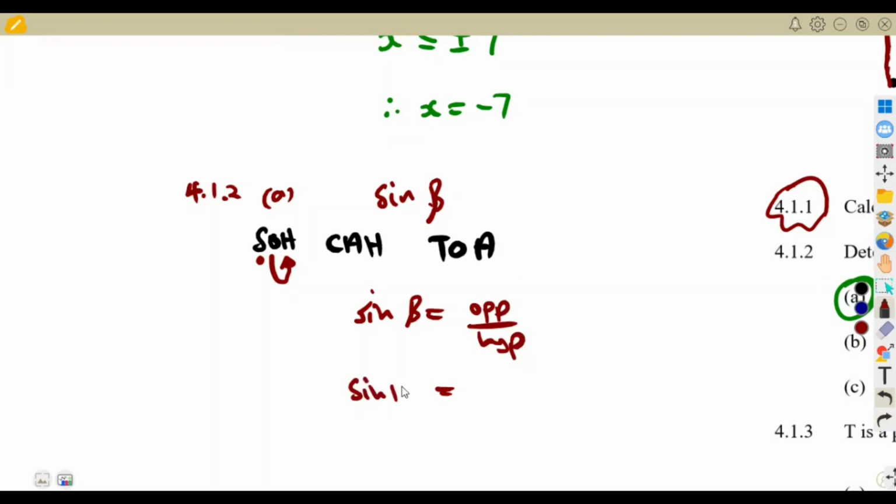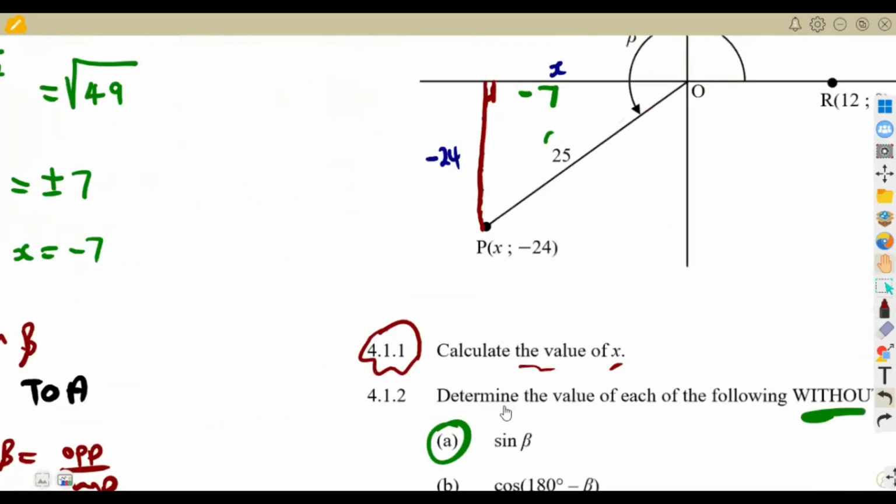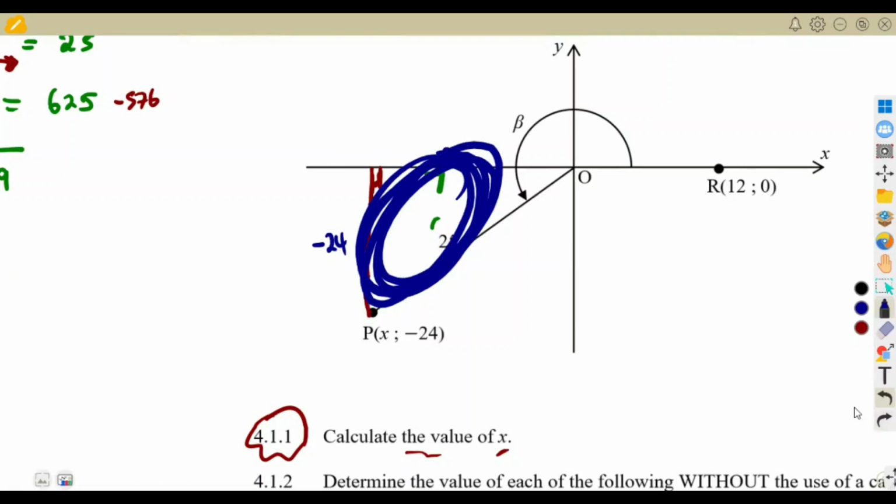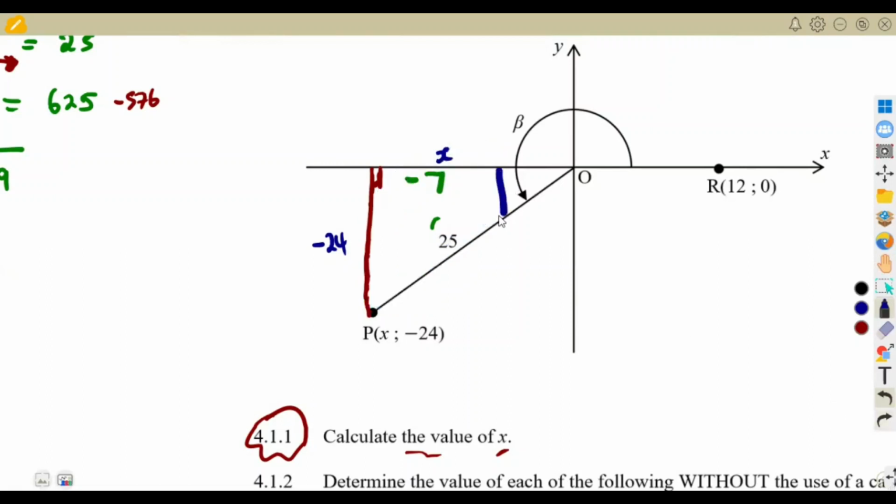So what is going to be the value of sine beta? From this, let us substitute what we are given, the opposite, according to this beta. Like I said, guys, we talked about this from our grade 10, the angle, this one is just indicating the exact angle. But when you are taking the ratios now inside here, you consider the angle that is inside of the triangle, the reference angle, the acute angle that is inside of the triangle, this one, which is your what?